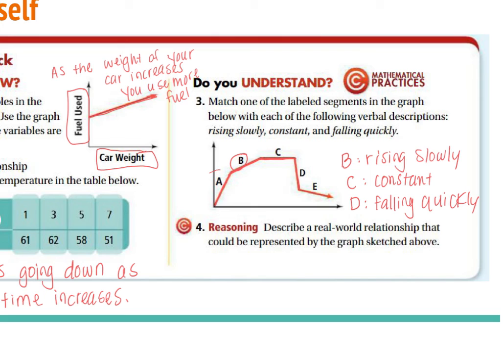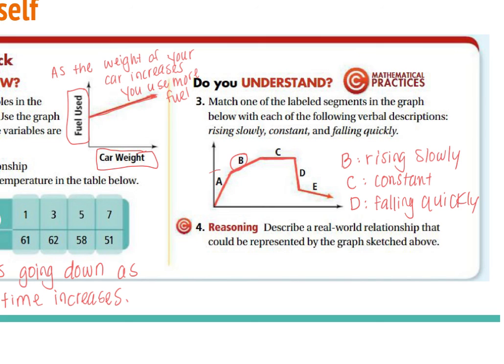And then number 4. Describe a real-world relationship that could be represented by the graph sketched above. Well, this is actually very similar to that rocket example, so you could use that one. Because the A portion of the graph represents the rocket going up.